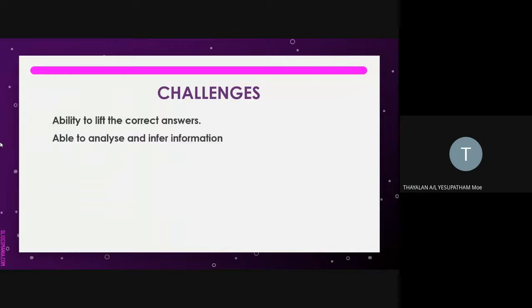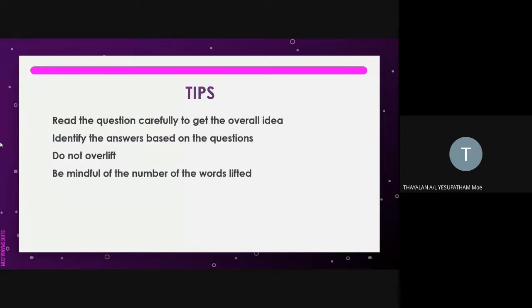All right. Moving on to the tips. Read the question carefully to get the overall idea, and then identify the answers based on the questions. Do not overlift. Be very, very mindful, because each question carries 1 mark. If you overlift, you lose the mark, even though your answer does have the correct answer.